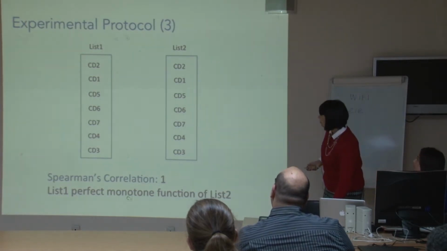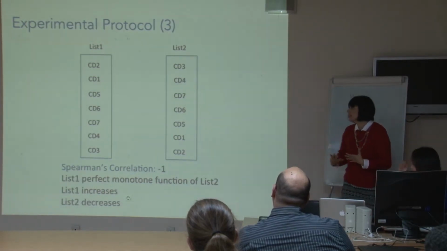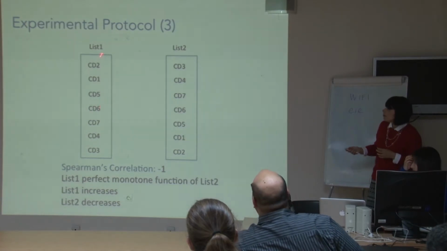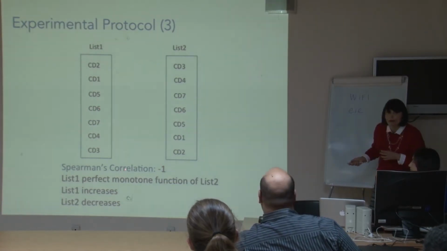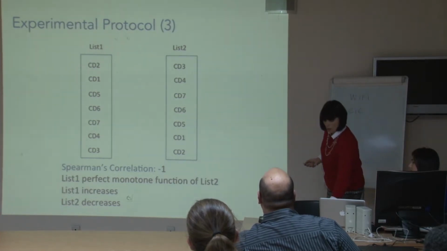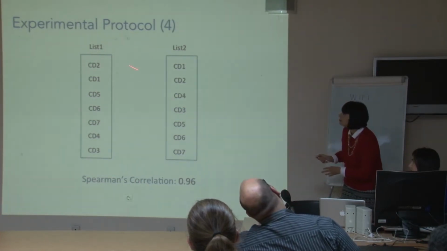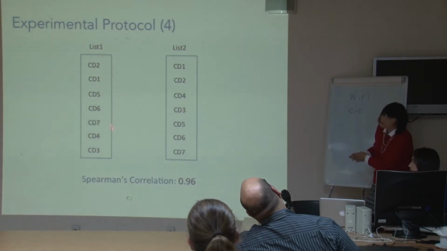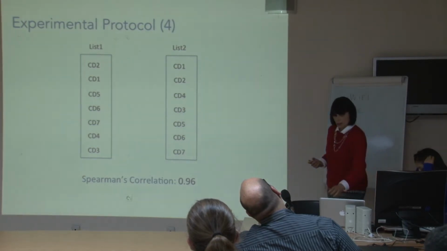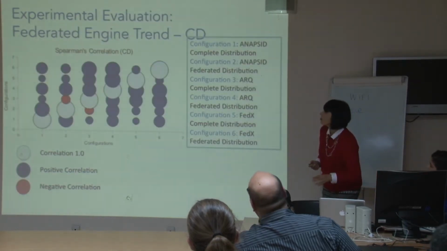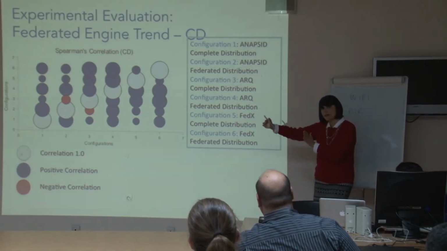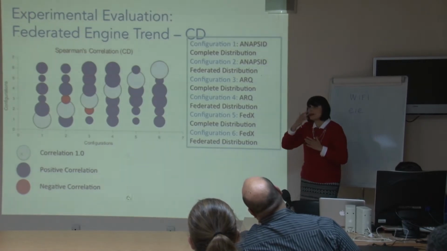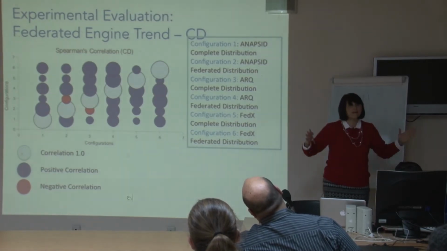On the other hand, if we have a Spearman-Rho correlation of minus 1, one list is the opposite of the other one. And we have a high correlation when the lists are quite similar. So what we evaluated is, for each of these queries in the benchmark, we try to see the correlation between these configurations.